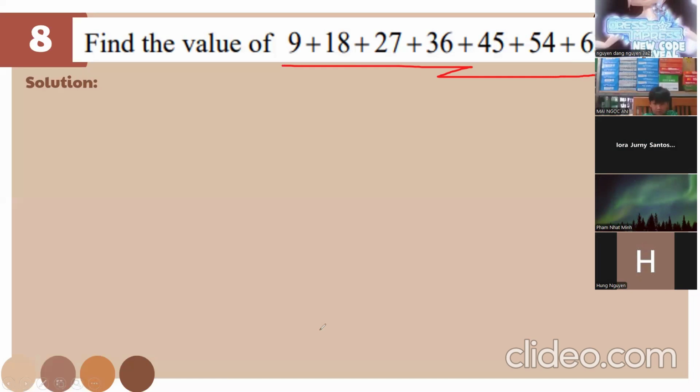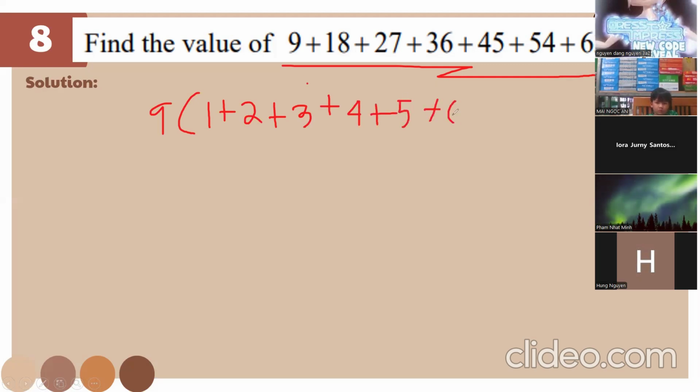So, we have here 9 plus 18 plus 27 plus 36 plus 45 plus 54 plus 63. It's just actually 9 times 1 plus 2 plus 3 plus 4 plus 5 plus 6 plus 7.